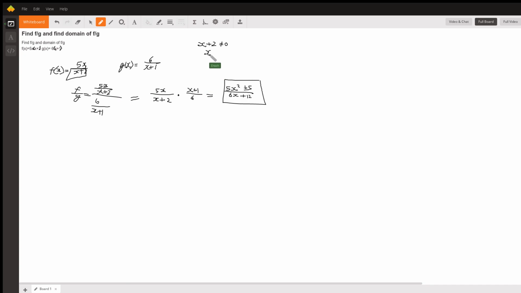So that means x cannot equal -2. Over here, x plus 1 cannot equal 0. That would make our denominator undefined. So we get that x cannot be -1.